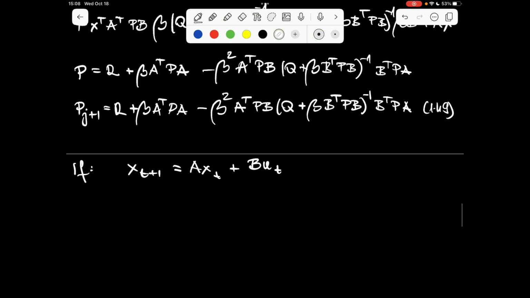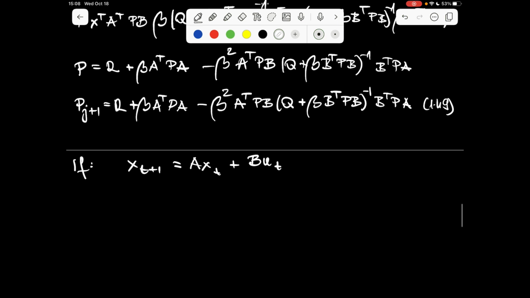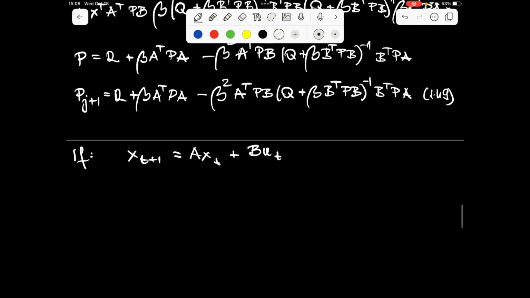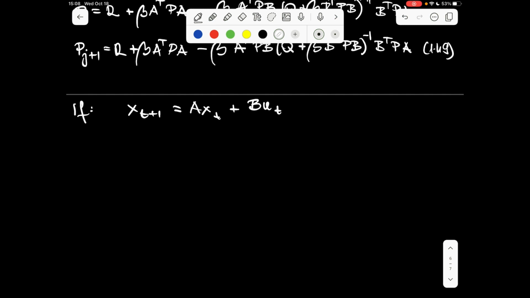So I don't want to use the expression transition function. This is a linear function in my language that describes the dynamics of the endogenous state.